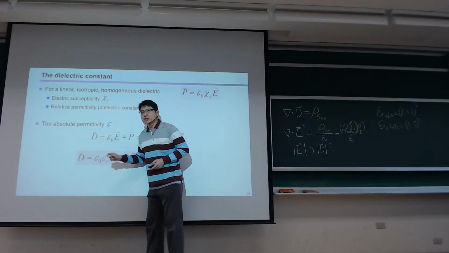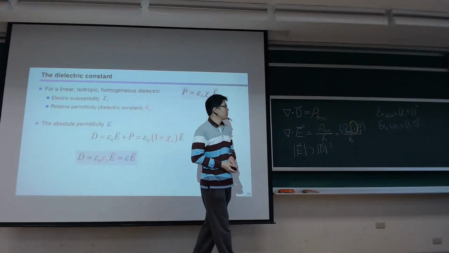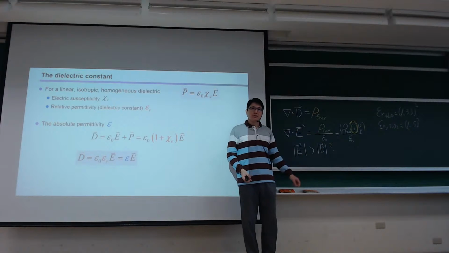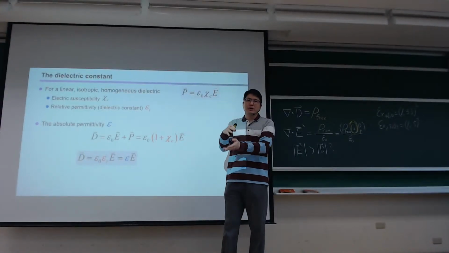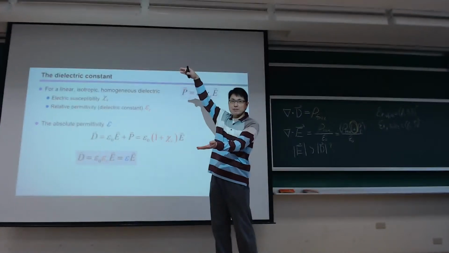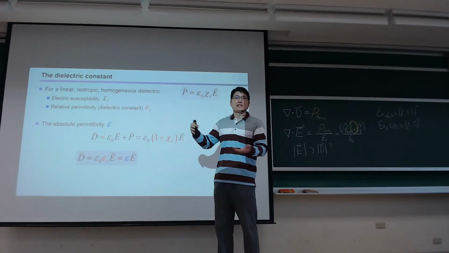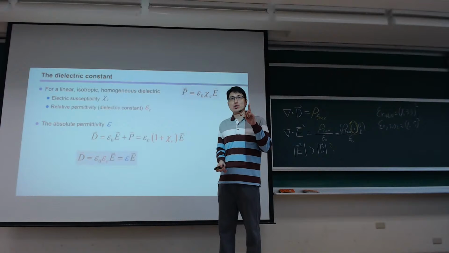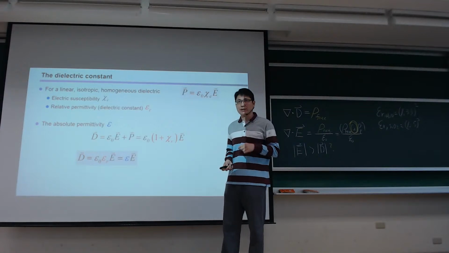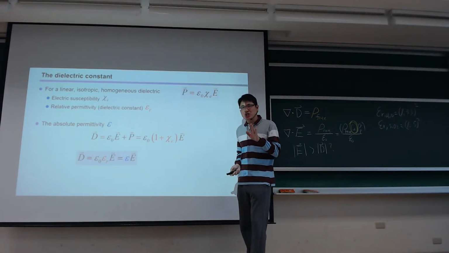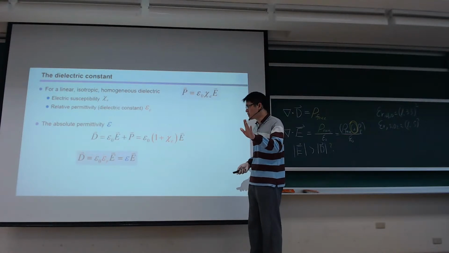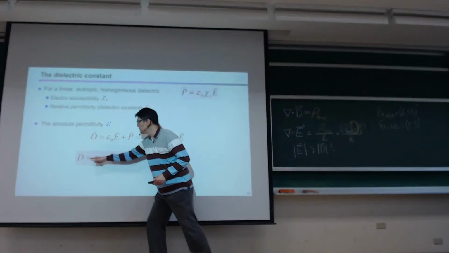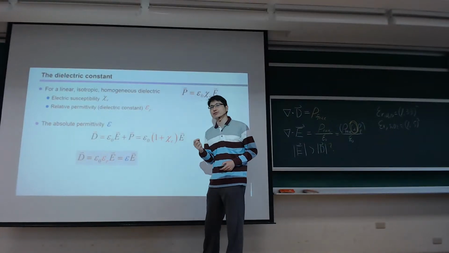D is only related to the free charge density. So even though you have different materials positioned in space with the same applied external field, D remains a constant. Okay? So my suggestion is to remember this relation between D and E in a different way.